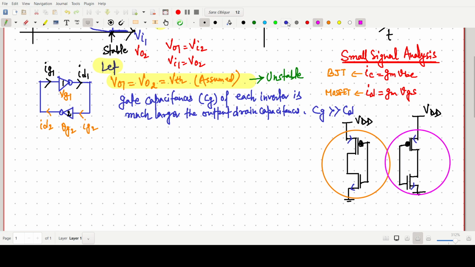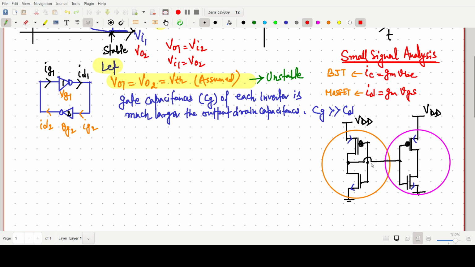The output of the first inverter is connected to the input of the other. So output is here. The output of the first inverter, through the drain, is connected to the input of the other. That is our this point.